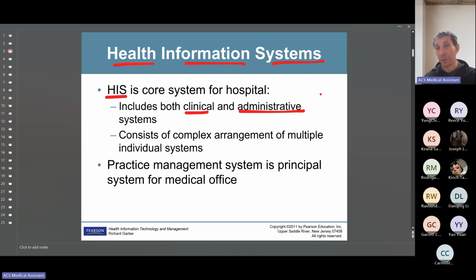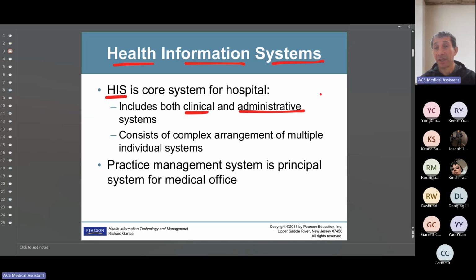That's where we register the patients, check the insurance coverage, and collect information like the patient's name, last name, social security number, phone number, address, all this demographic information.